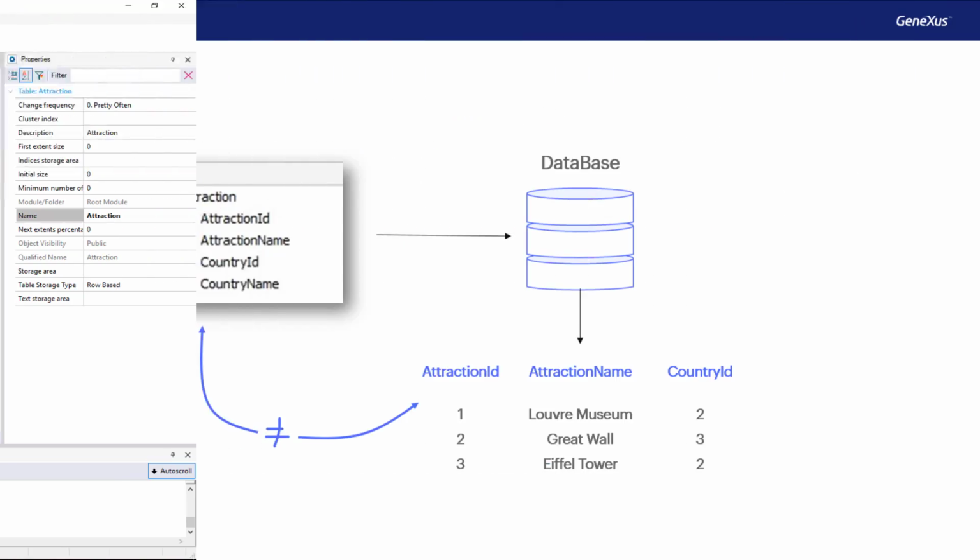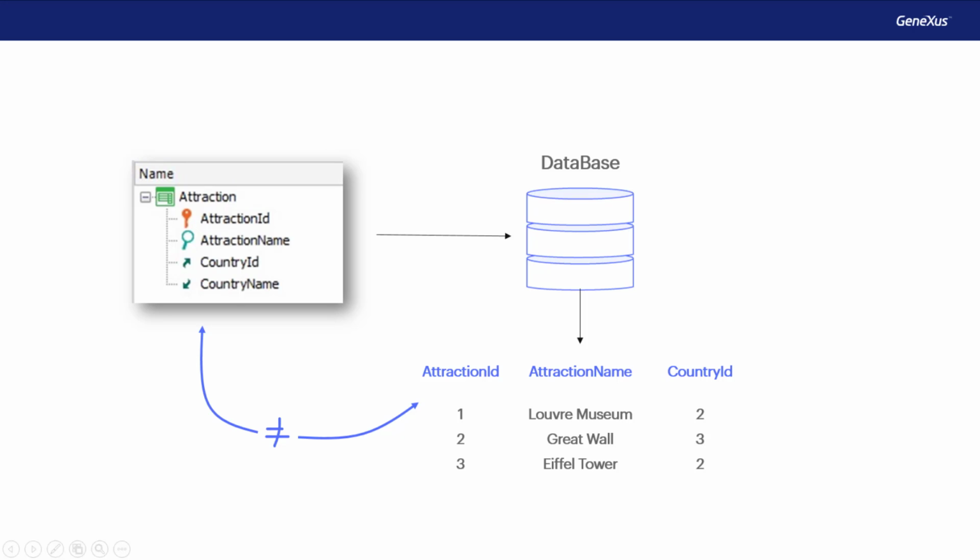This happens because the transaction concept is not the same as the physical table concept. Remember that transaction is the Genexus object we created in the knowledge base to represent an object or actor of reality. And in examining it, Genexus creates a physical table in the database to store the data that will be entered when executing the transaction.